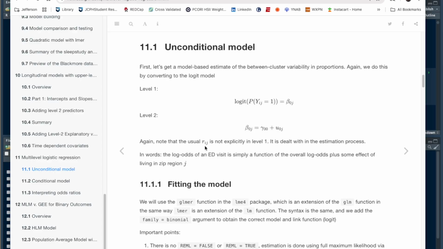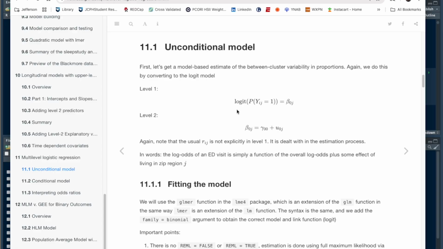And so the results of this model will, just as normal, give us a look at the variation in the logits across our clusters. So in this case, variation in the log odds of ED utilization across clusters.